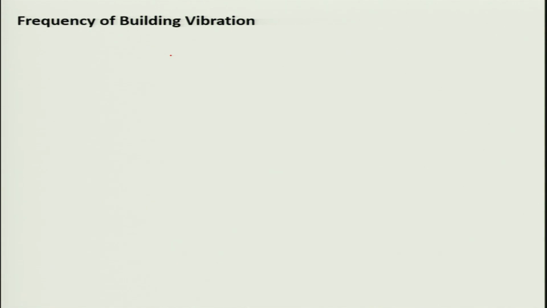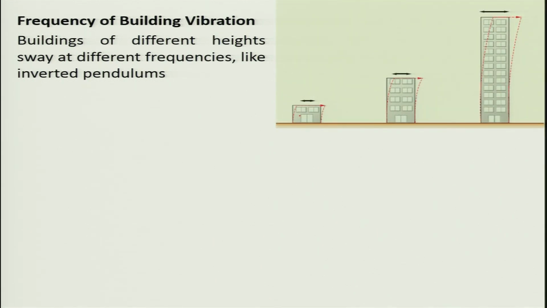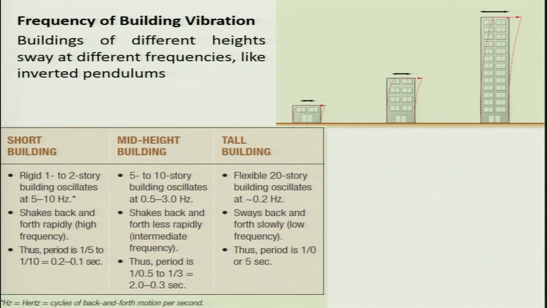Now, considering frequency and building vibration, buildings of different heights sway at different frequencies, like an inverted pendulum. Shorter buildings will sway less, whereas taller buildings will sway or swing over a larger area. This is the comparison given for shorter buildings, mid height buildings and taller buildings.